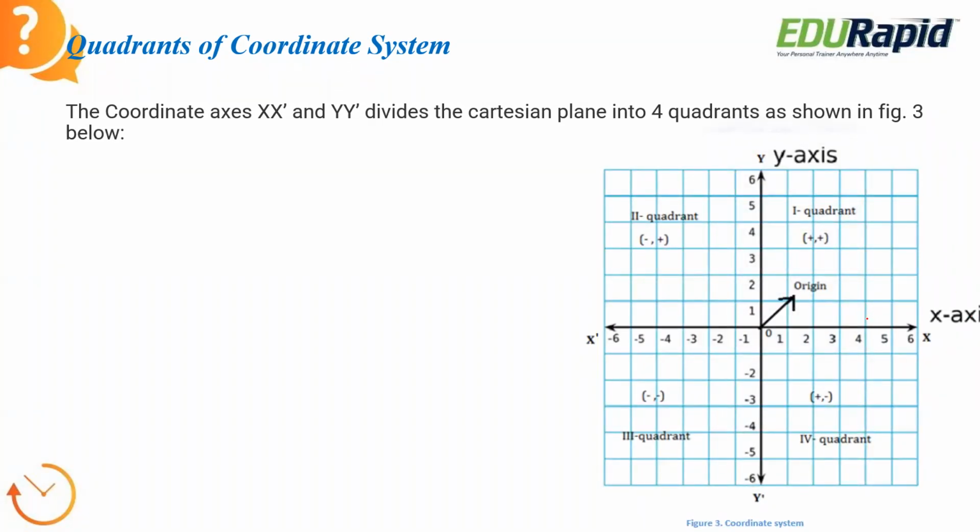As we have already discussed in the previous topics, in the first quadrant, both X and Y are positive, whereas in the second quadrant, X will be negative and Y is positive, because you can see here the numbers on the Y-axis are positive, but on the X-axis they are negative.